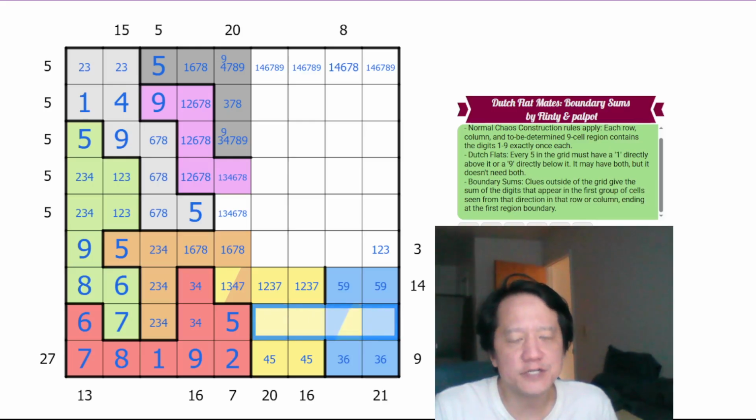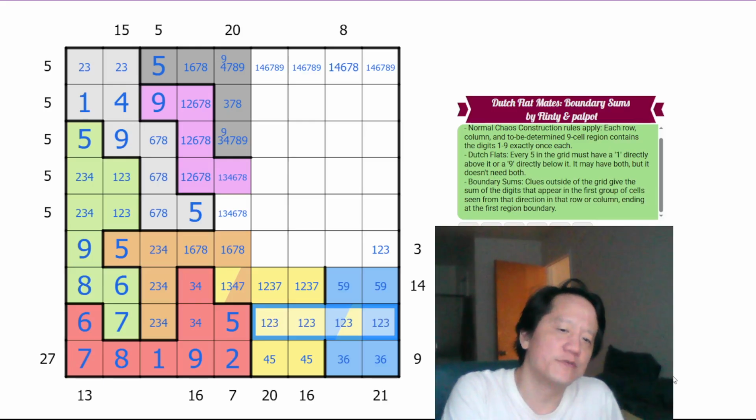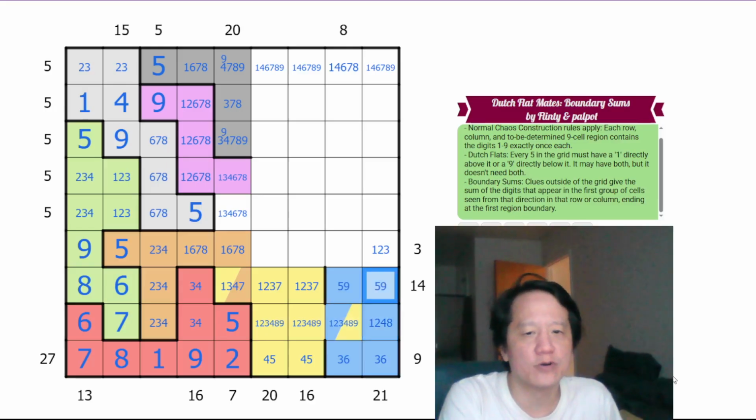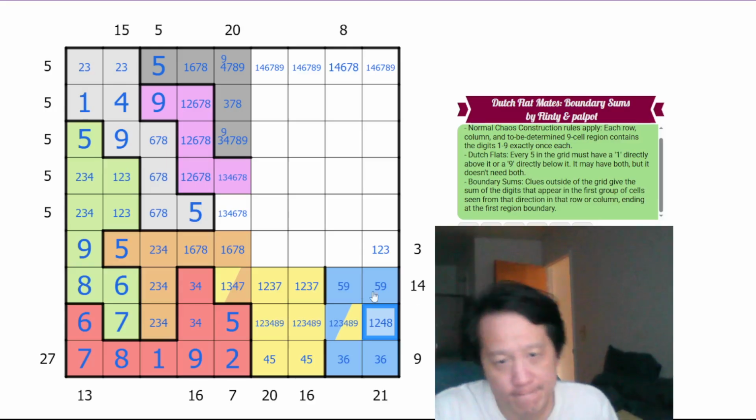Blue, okay, remaining digits of row 8, we have 1, 2, 3, 4, 8, 9. 3 and 9 are no longer part of the blue region.